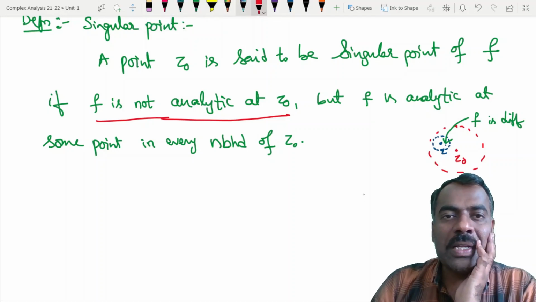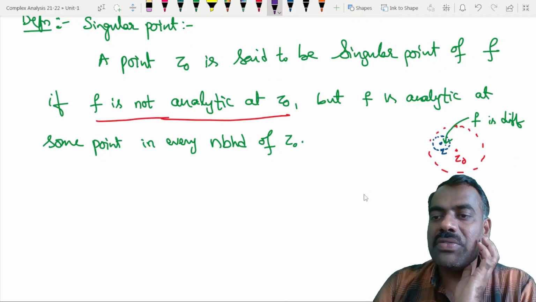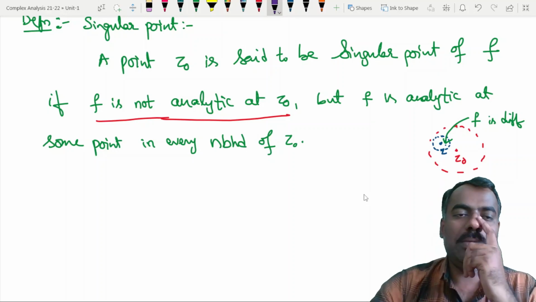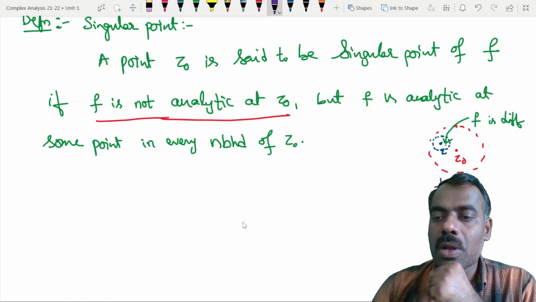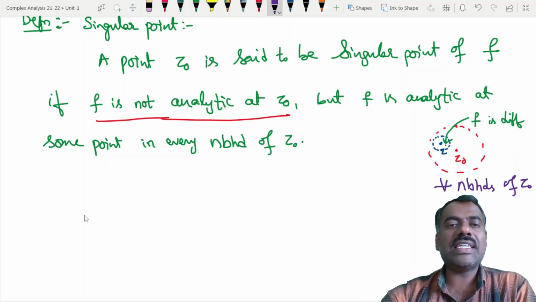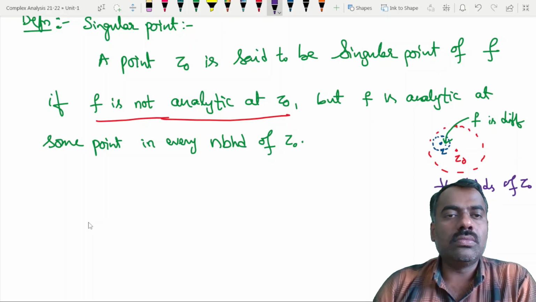It may be possible that in this neighborhood there are some points where f is not differentiable, but inside this small one f is differentiable. Clear? And this condition is true for all neighborhoods of z naught. Then we say that it is a singular point. Yes or no?